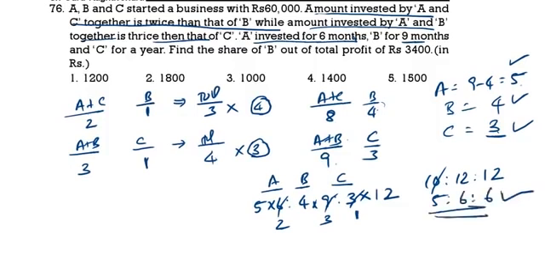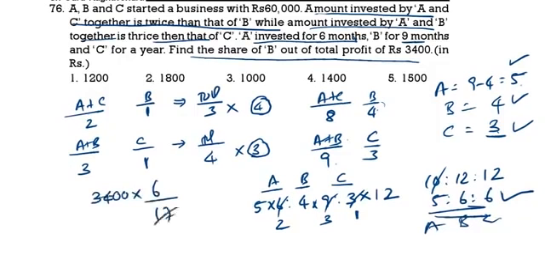Finally, we are getting A 5, B 6, C 6. Find the share of B out of total 3,400. Out of 3,400, B is 6, total is 17. That will be equal to 1200. 1200 is the correct answer. See the next question.